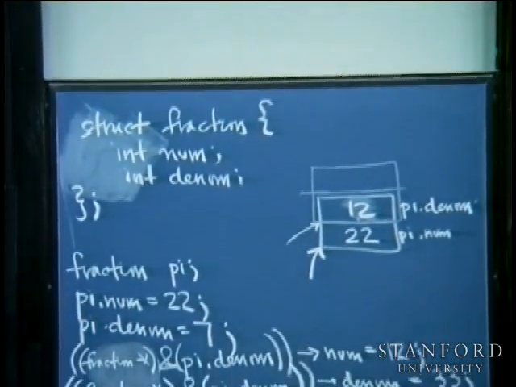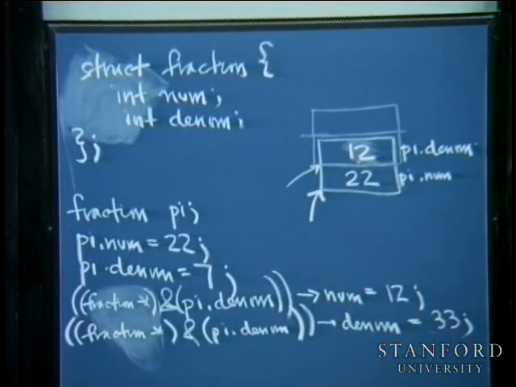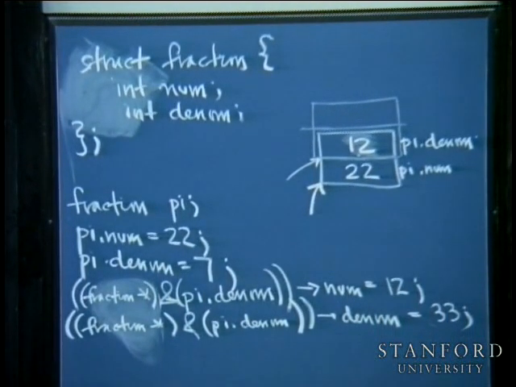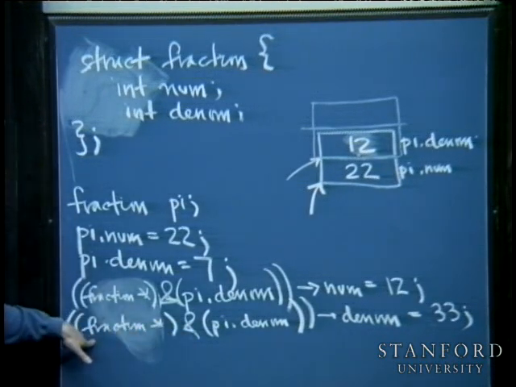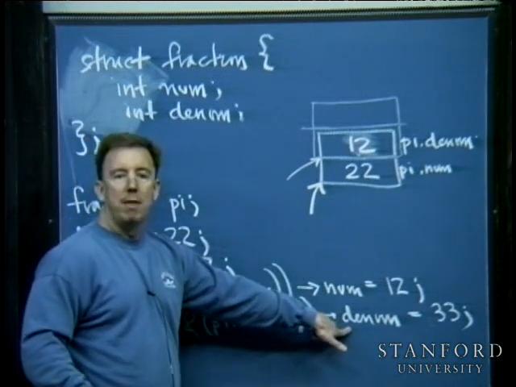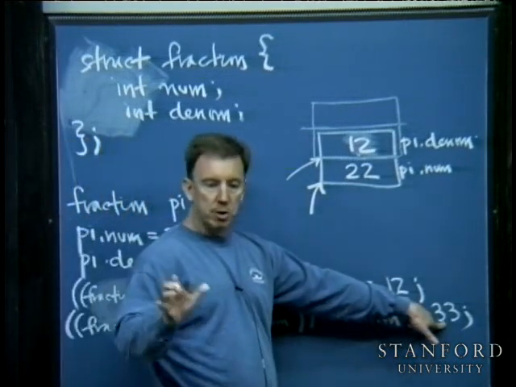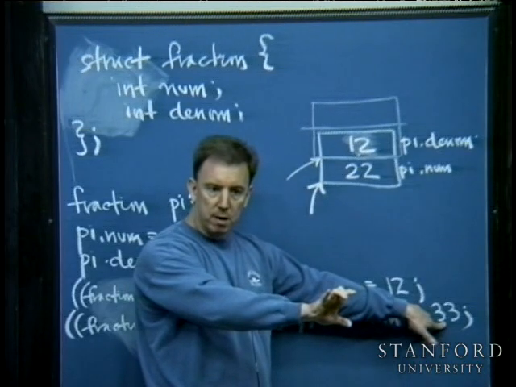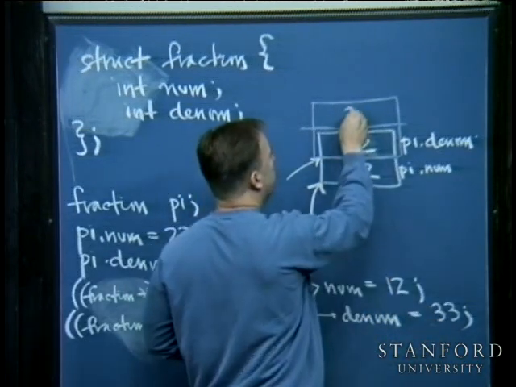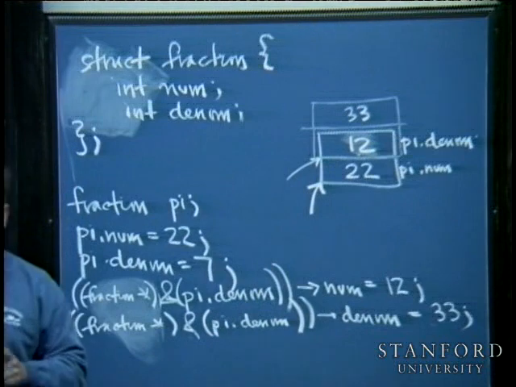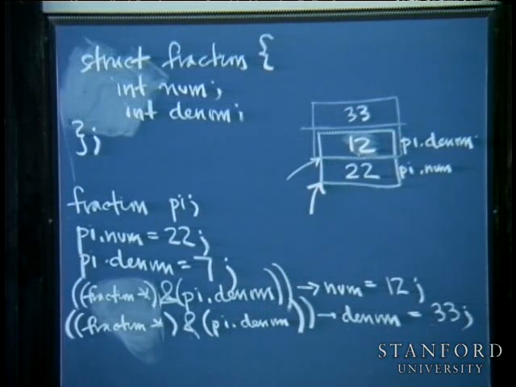It's not going to be concerned about the fact that I really don't own the space above what is truly pi.denom. The way the mechanics work takes the base address of this, oh look, it's a fraction star now, go 4 bytes beyond that to find out where the 33 belongs. It's going to smear down the 4-byte representation of 33 in this space right here. And there's no legal way to get to it and print it out, but if I did this again to the right of a cout statement, it would print out a 33. Does that make sense to people? Okay, good.